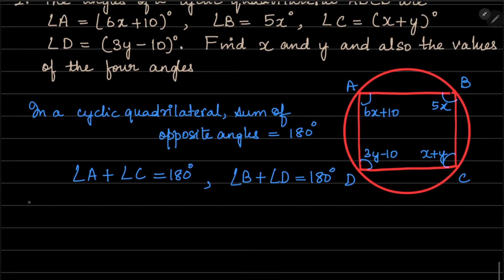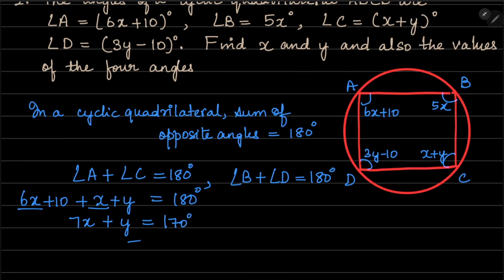Just substitute the values. Angle A is 6x plus 10, and angle C is x plus y, equal to 180. So what is 6x plus x? It is 7x plus y, equal to 180 minus 10, which is 170 degrees. This is your equation 1.